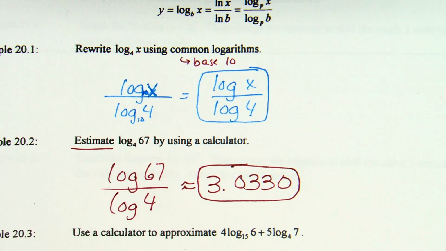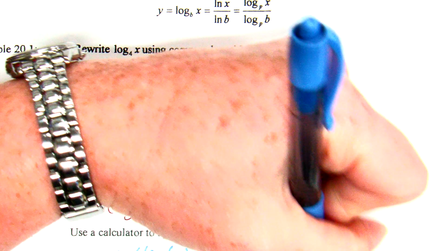Okay, so the 4 is a coefficient, right? So keep it out front. Inside, it's log of 6 divided by log of 15. Plus 5 is a coefficient. Inside, it's log of 7 divided by log of 4. It's a lot to punch in on the calculator, but it's doable, right?